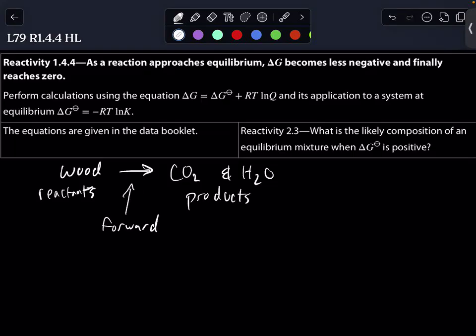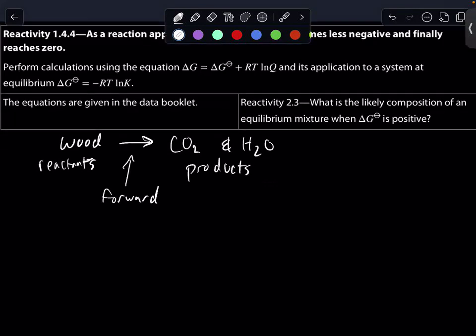But that's not true for all reactions. Sometimes we have reactions that move back. We have some that don't always stay in the forward or backwards reaction. You can think of maybe a sealed container of water, you have your liquid water, and some of it evaporates into H2O gas, and that might recondense back into liquid.